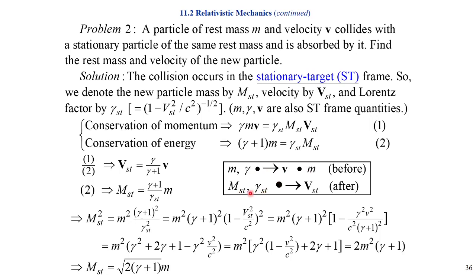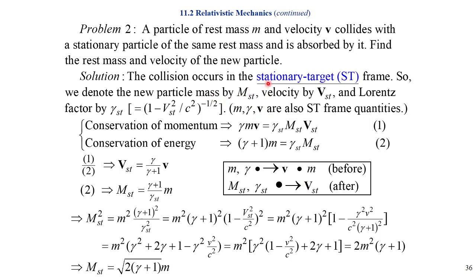After collision, the particle moves to the right because conservation of momentum tells us: before, gamma mv; after, gamma_st M_st v_st. Okay, what is st?